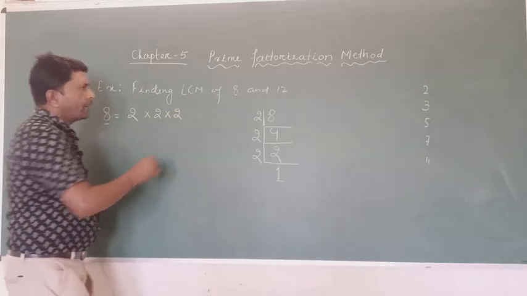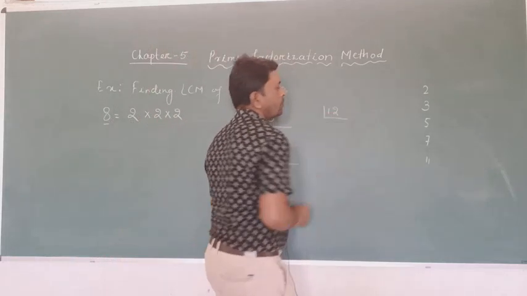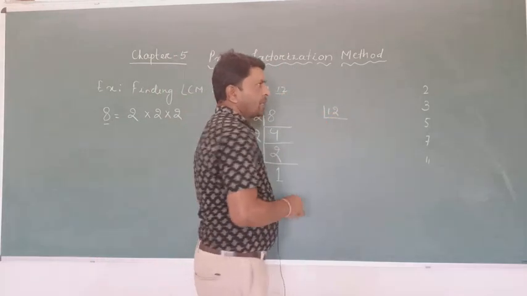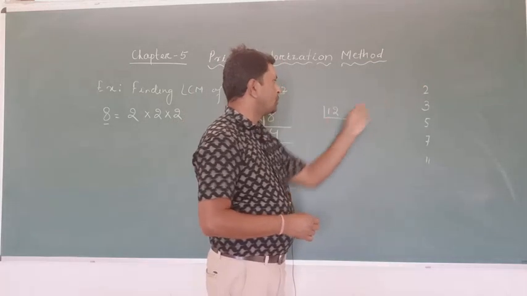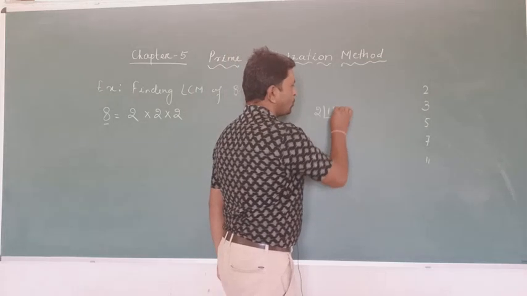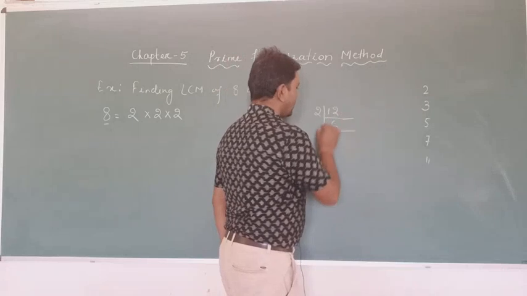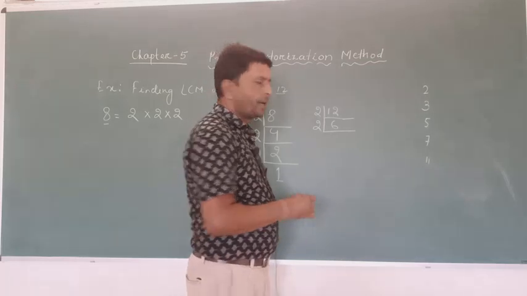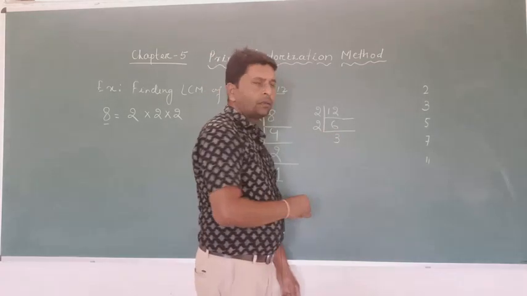Okay, now again we have to factorize 12. Let's check whether 12 is divisible by 2 or not. I think 12 is divisible by 2. So take 2 first. 2 sixes are 12. Again 6 is also divisible by 2, so I will take 2 here, and 2 threes are 6. Now 3 here.